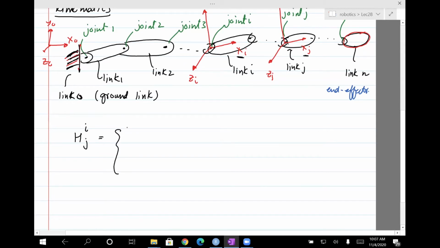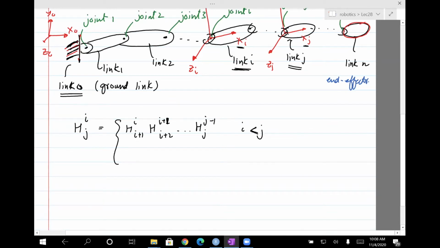So the formula for Hij, if i is less than j, which is the scenario here, because if you start numbering from 0, then link i will occur first and link j will occur after that. The formula for the transformation from frame j to i is H(i+1) times H(i+2), and so on, till H(j-1) times Hj.